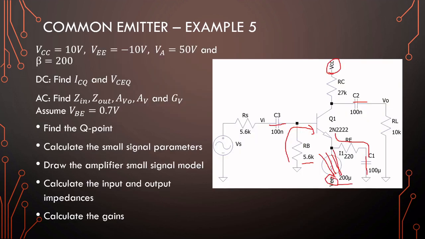You'll note that this problem is just the previous one without using an emitter resistor here. Technically, this current source has impedance if you're actually building one, but it's an extremely high value. Ideal current source we assume has infinite impedance, and infinite in parallel with another resistor, the value will tend to be that resistor value.